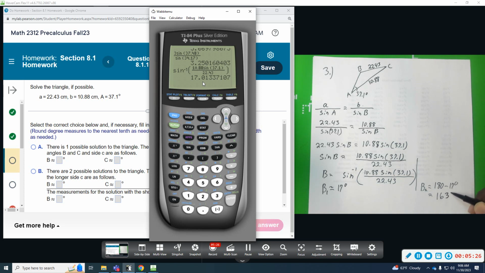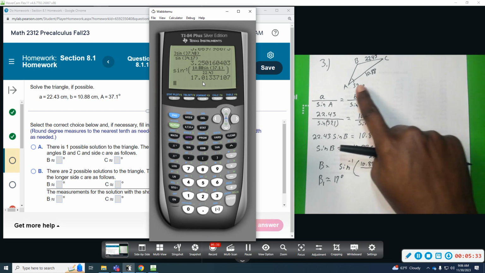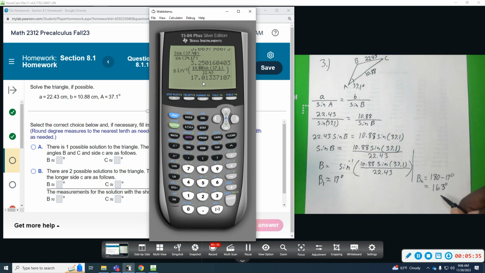So if I have a 163-degree angle and I add the angle that we already have, which is A, which is 37, that's going to give us something over 180, 201 degrees.